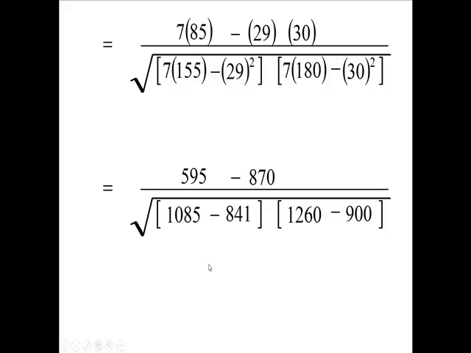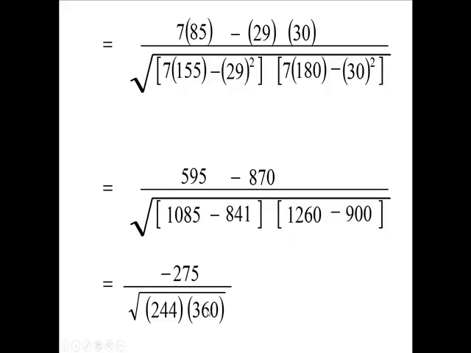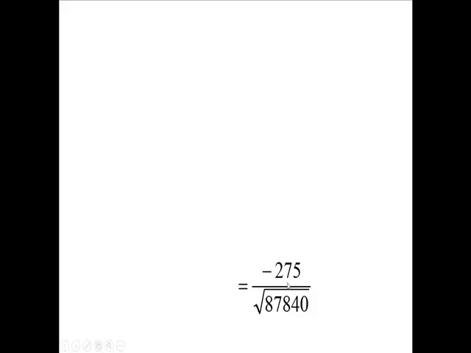If you subtract those, you're going to get 275, but it's negative. On the bottom, we have the square root, and when we subtract these two, we come up with 244. Subtract these two, we come up with 360. So when you take 244 times 360, you get 87,840. So this is the number I'm dealing with now.